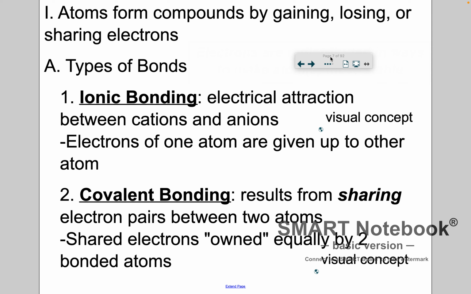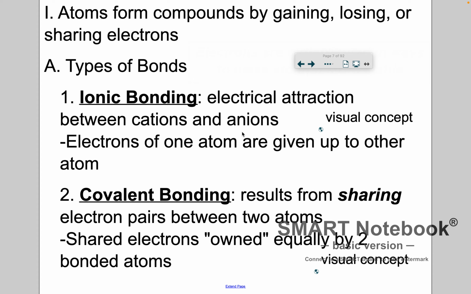I think section 6.2 is all about covalent, and then the next section is ionic, and then we'll talk briefly about metallic bonds. But ionic bonding is an electrical attraction between cations and anions. Remember, cations have a positive charge and anions have a negative charge, and so they are literally held together by opposite charges attracted to each other.